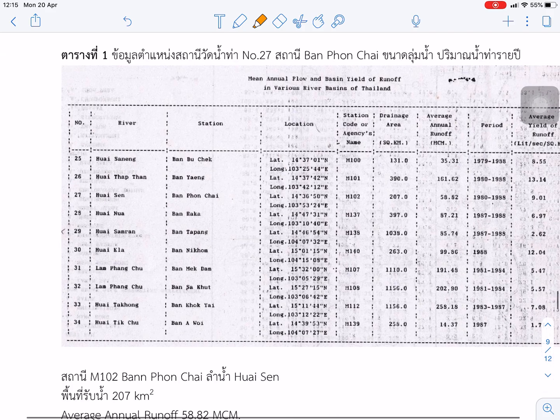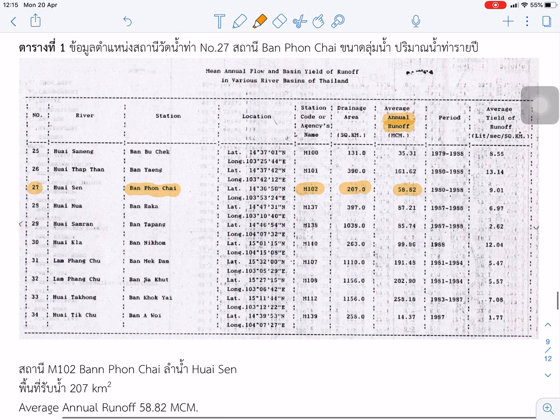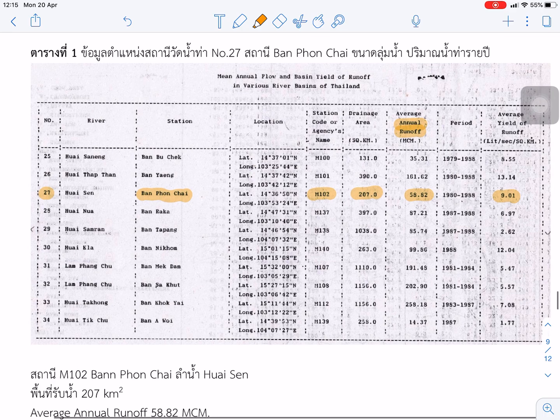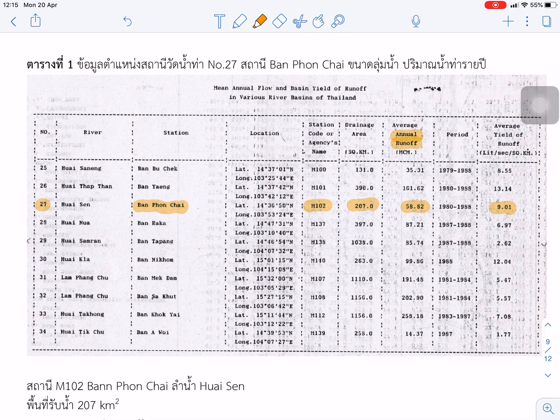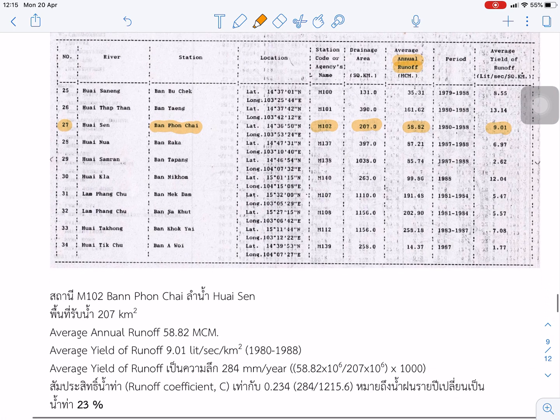Number 7 is Ban Pon Chai, M102, with a drainage area of 207, and annual runoff is about 58.8 million cubic meter, and on average about 9.0 liter per second per square kilometer. So we can use the annual flow to estimate the runoff to our subcatchment.